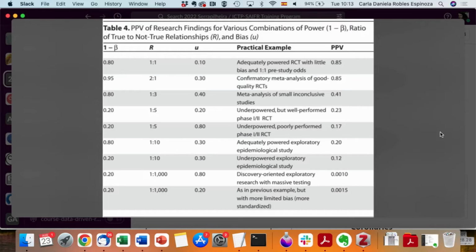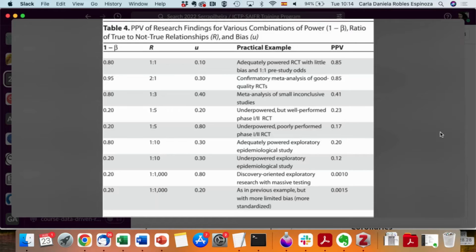And he shows in this table that obtaining a PPV value that is higher than 0.5 is very, very unlikely. And mostly the first two are well-conducted studies that have a PPV value of 0.85.